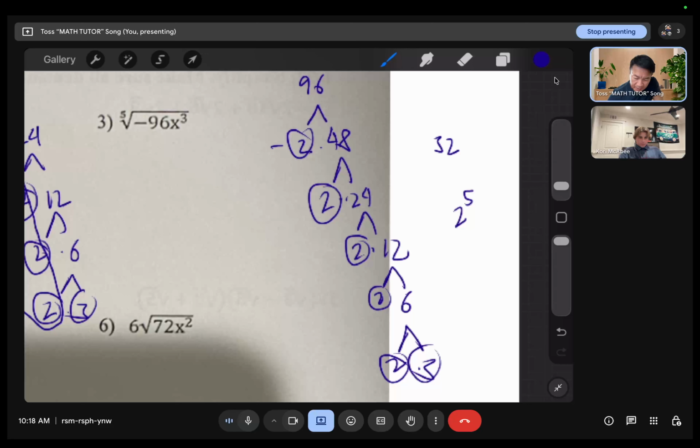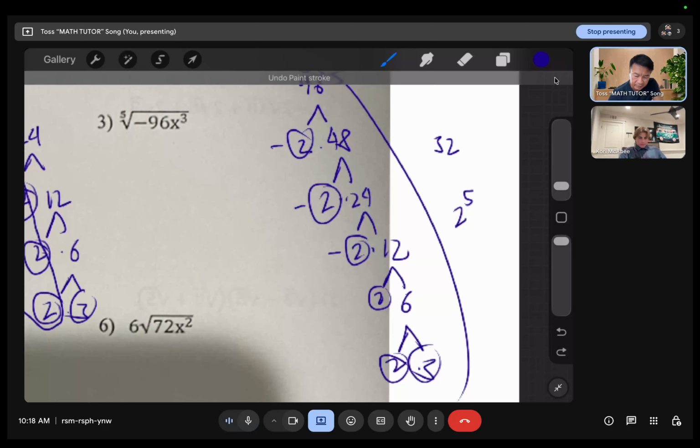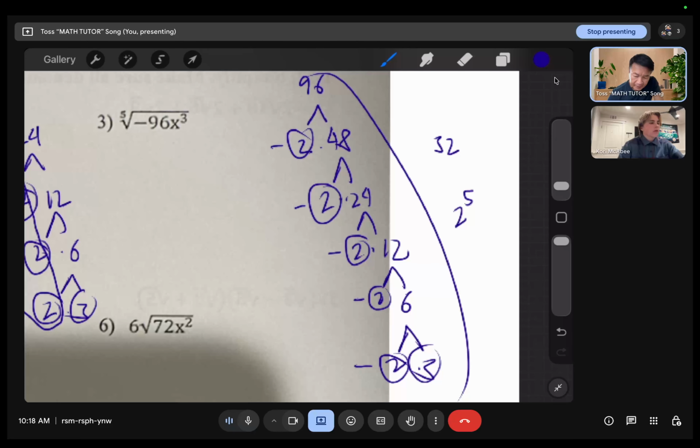It's a -2 times. You don't have to do any of this, but you want to prime factorize it, of course. You want to do the tree thing, but I'm going to prove the negative here. So there are 5 negatives. If you multiply them, -2 five times, it's still going to be negative. If you remember, multiplying a negative number an odd number of times, you will get a negative back.